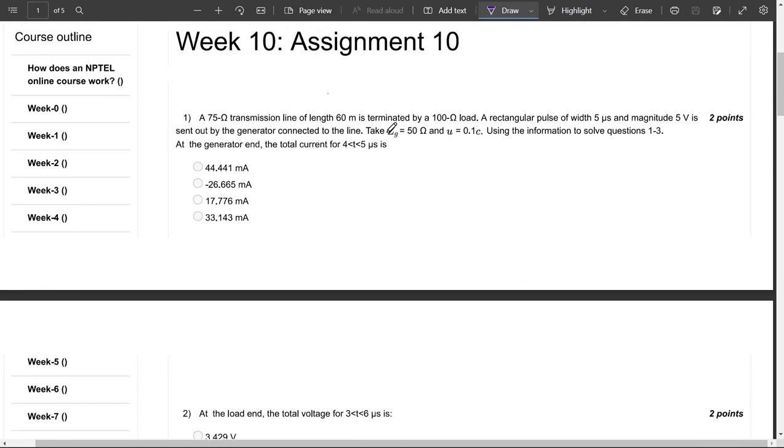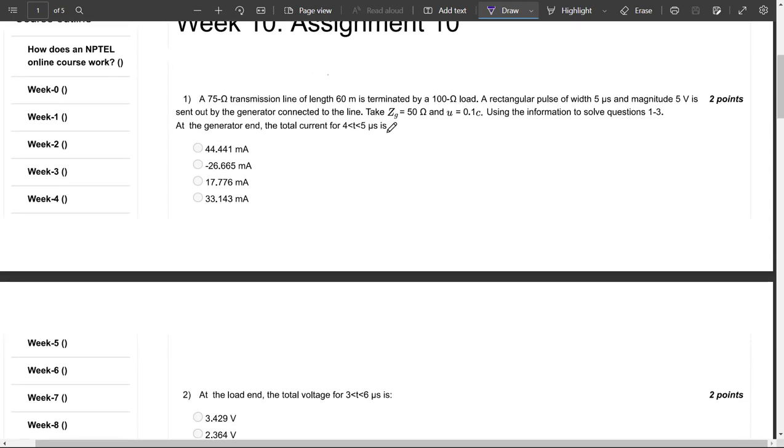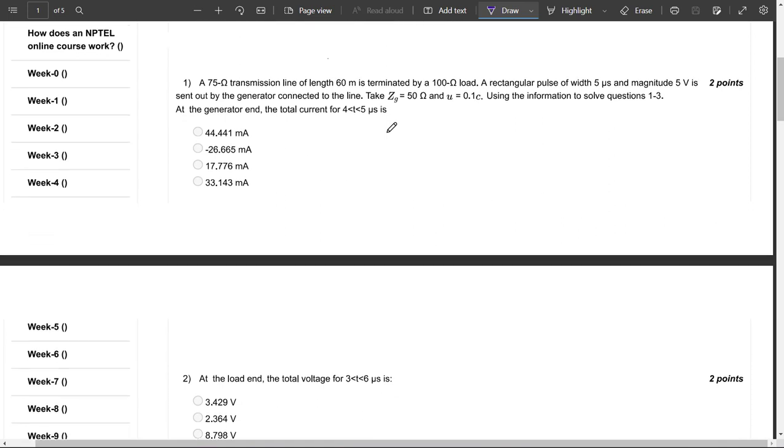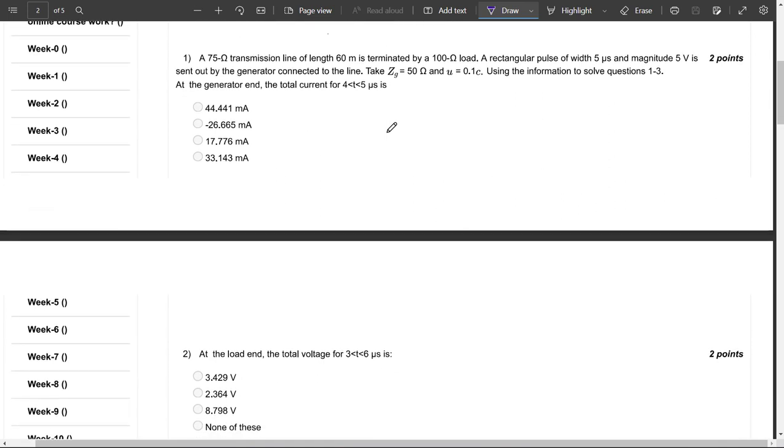Anyways, let's start. For week 10, assignment 10, question number 1: a 75 ohm transmission line of length 60 meter is terminated by a 100 ohm load.